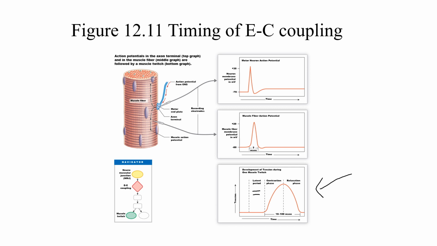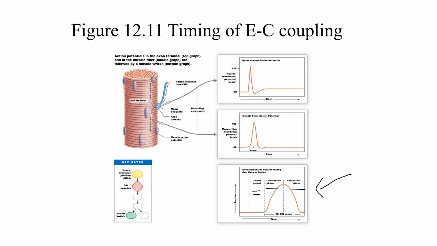So during the latent period, all of these steps that we've already talked about are taking place so that your muscles can begin the cross-bridge cycle. Once we hit this region, known as the contraction phase, then we know that the cross-bridge cycle has started taking place. So the contraction phase is basically the beginning of the cross-bridge cycle.